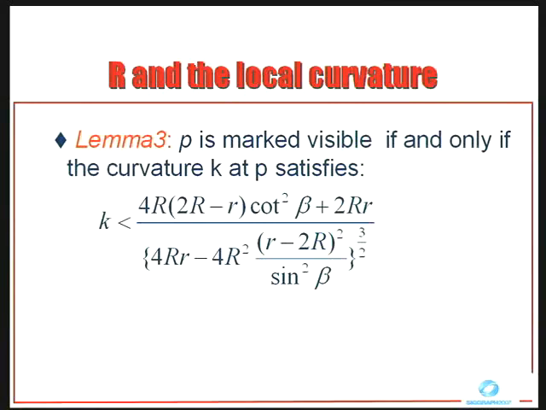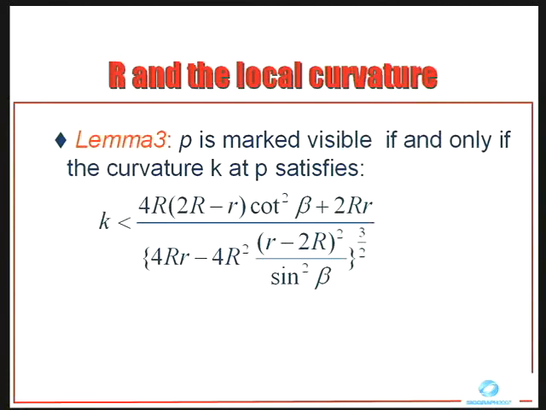What this lemma claims is that we mark P visible if and only if the curvature satisfies this formula, which means that for convex sections of the surface, we're always going to find the right solutions.